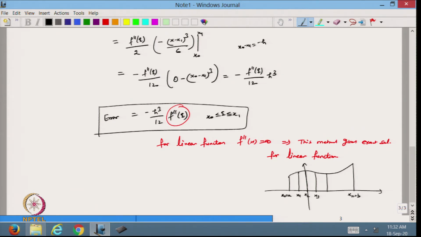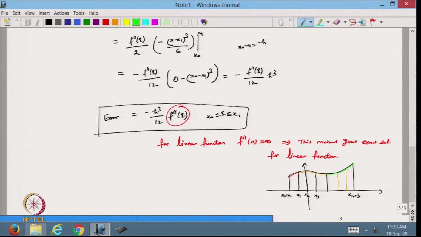In the first subinterval I will approximate the function with a Lagrangian interpolating polynomial, and this is the first trapezoid I am going to get, and then I will find out this value. Next is this function, and this value, and so on.